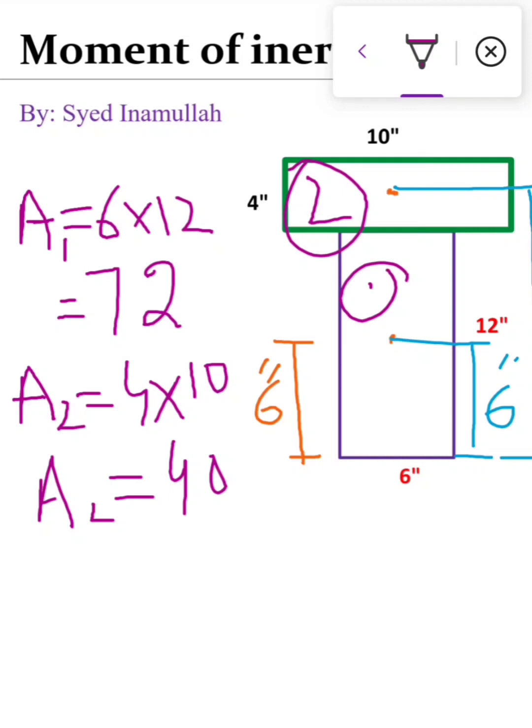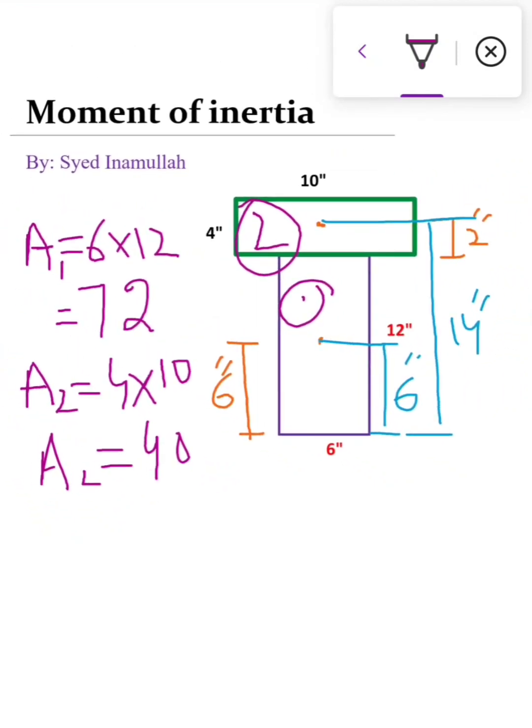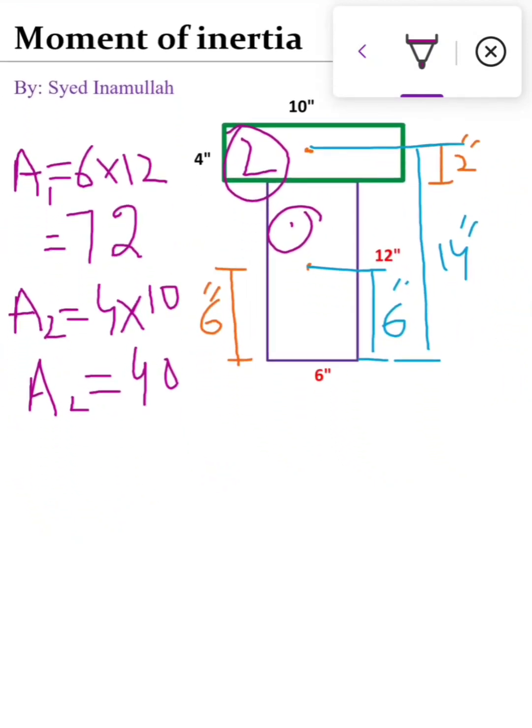Now I will use the formula. Remember this: the distance from the reference axis to the center of the first rectangle is d1, and the distance from the reference axis to the center of the second rectangle is d2. Here d1 is equal to 6 inches and d2 is equal to 14 inches.